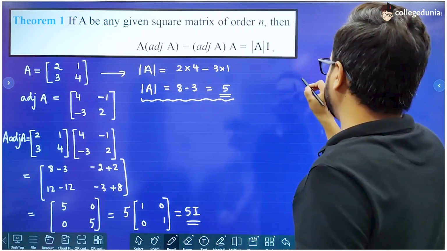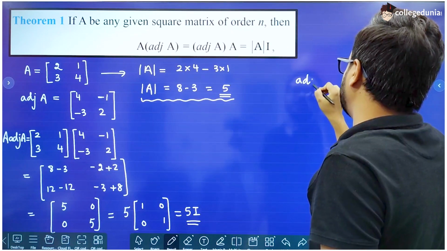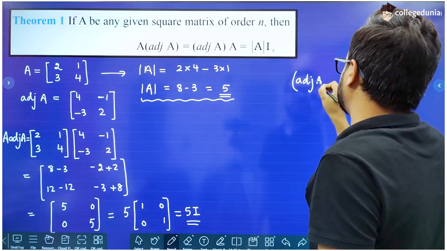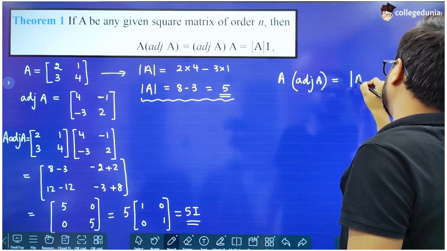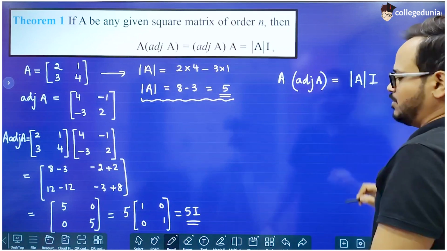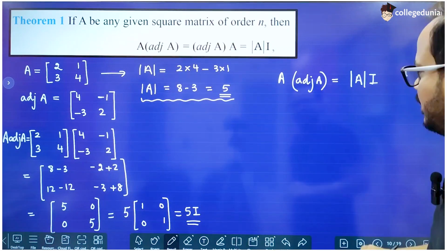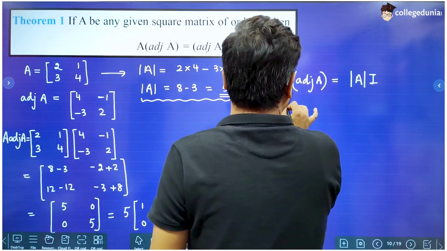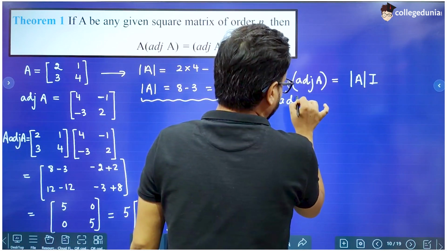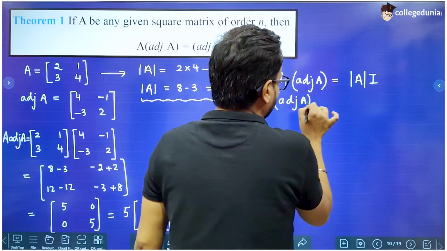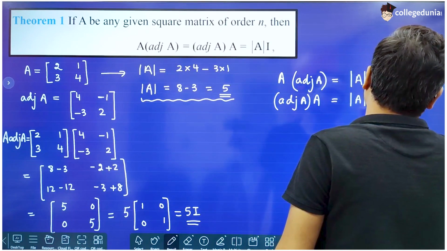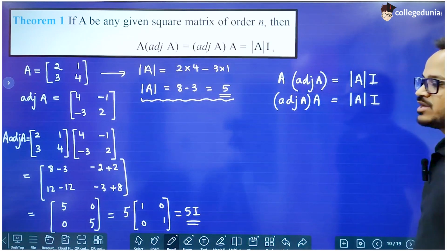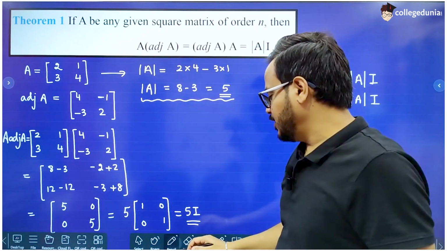So we can simply say that if you multiply a matrix with its adjoint, A into adjoint A, you will get the determinant value into the identity matrix. And the order doesn't matter. If you multiply in this order, adjoint A into A, you still get determinant A into I.